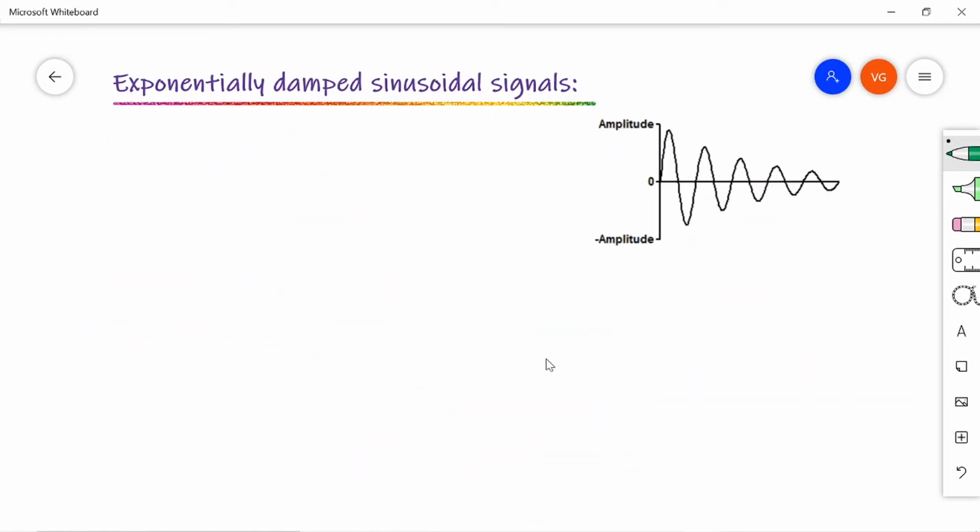Next signal here is the exponentially damped sinusoidal signal. So if we multiply an exponentially decaying curve with the sinusoidal signal, the resultant is an exponentially damped sinusoidal signal. As we know, the sinusoidal signal is represented as A sine of omega t plus phi, and the exponentially decaying signal is represented with e power minus a t.